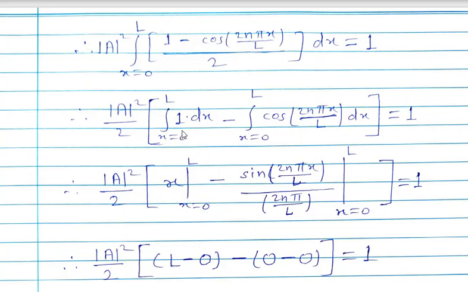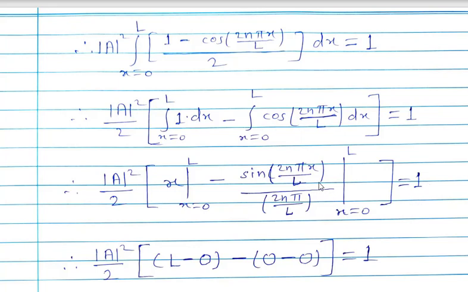The integration of 1 with respect to dx is x, with limits of x from 0 to L, minus the integration of cosine, which is sine. So the integral of cos of 2n pi x by L will be sine of 2n pi x by L divided by the derivative of this function, which is 2n pi by L. And the limits of x vary from 0 to L, that is going to be equal to 1.